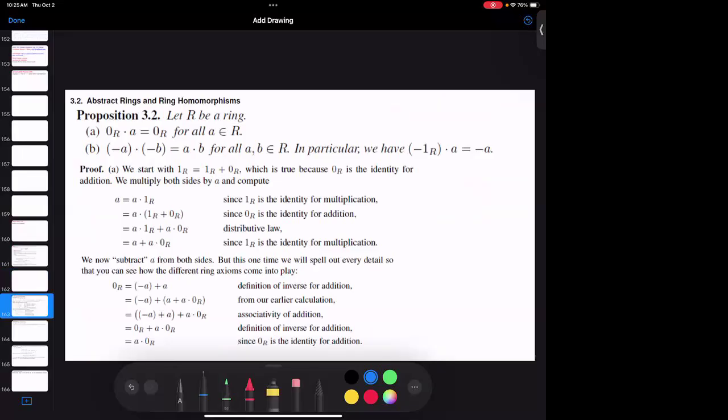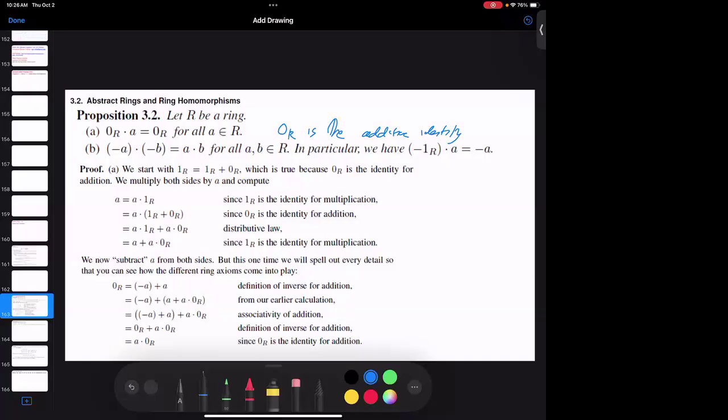Then the first thing is 0 times A equals 0 for all A in R. When you look at 0 sub R, what element is it? It's the additive identity. So the additive identity, if I multiply anything by it, I get 0.